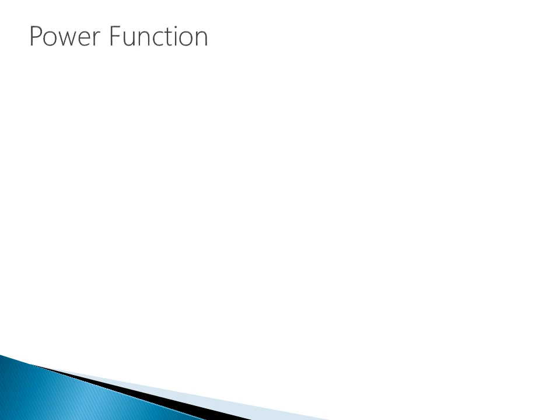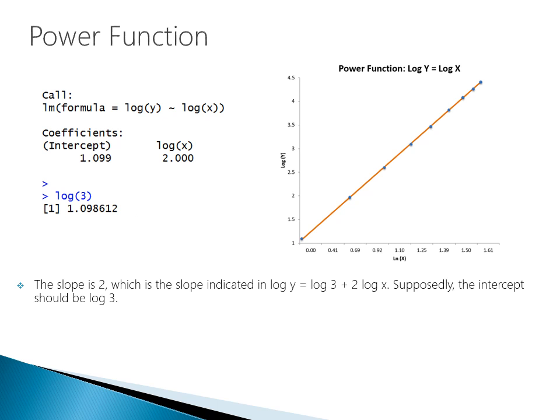Let's take a look now at a method that we can use to prove out our power function. I'm going to create a regression formula in R that is going to take the log of y as a function of the log of x. When I run this, I see that my value of the intercept is 1.099 and my coefficient on log of x is equal to 2.